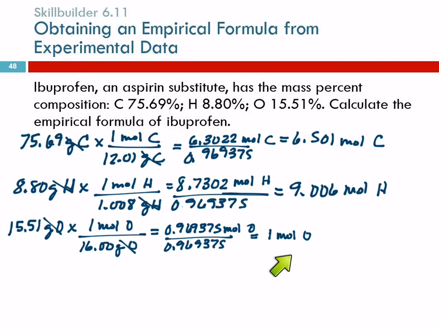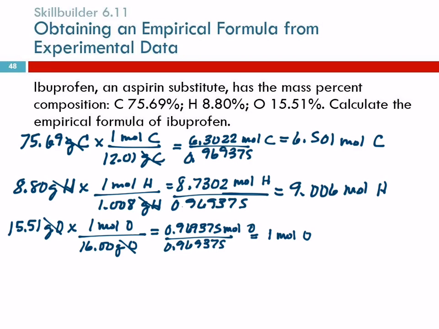One of them is always going to be exactly 1. Can we round this to 9? Yeah, we can. Can we round 6.5 to 7? No. We can't round it to 6 either. This is 0.5 away from the nearest whole number. We can't round it. This is where we need to multiply to get a whole number.